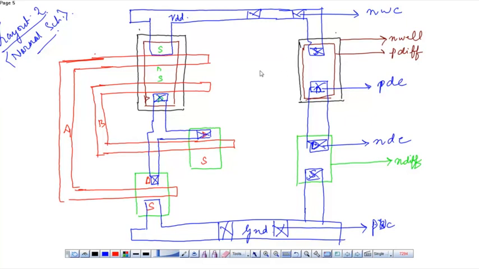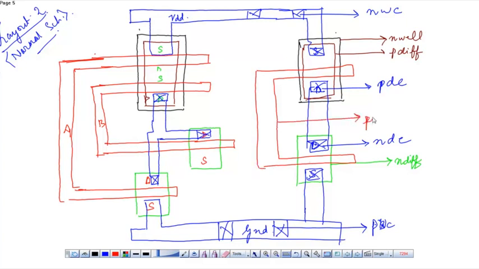Now we have to place the poly layer. Now this poly layer should overlap with this metal layer, because this is the output of the NOR and this is the input of the inverter.